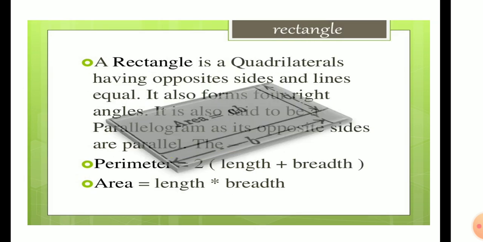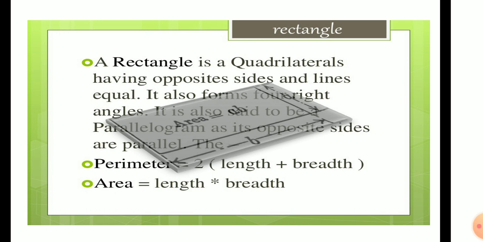Then next is rectangle. This definition is given according to your previous classes: a rectangle is a quadrilateral having opposite sides and lines equal. It also forms four right angles. It is also said to be a parallelogram as its opposite sides are parallel.